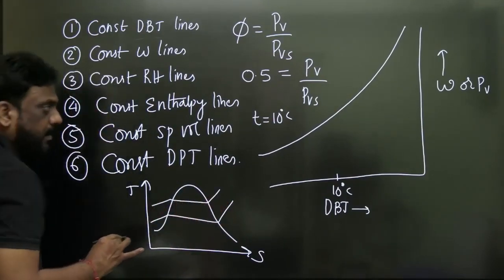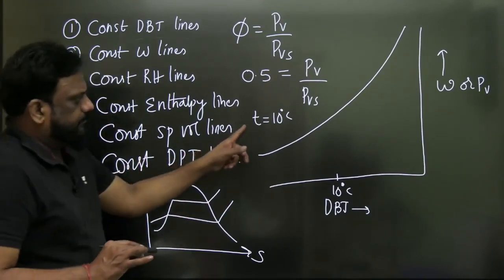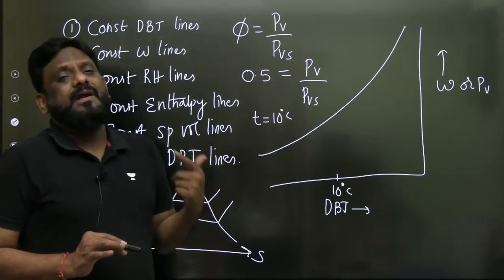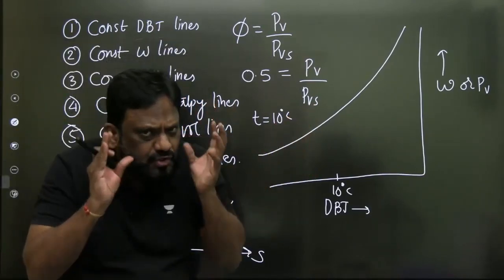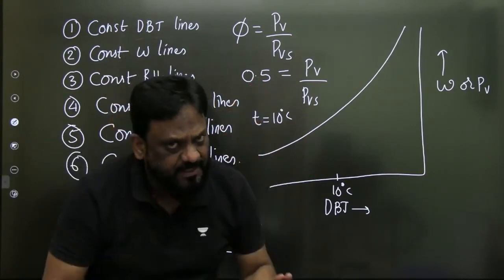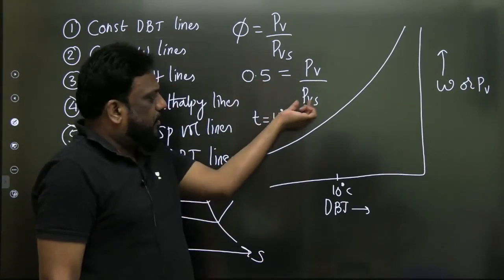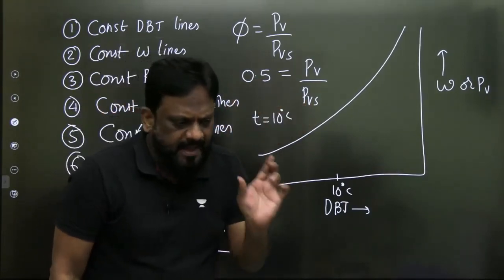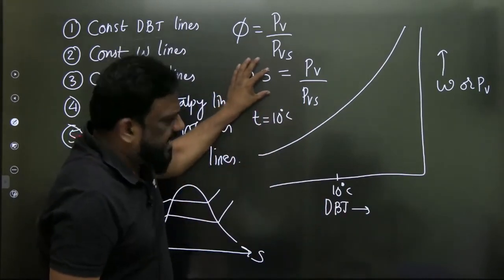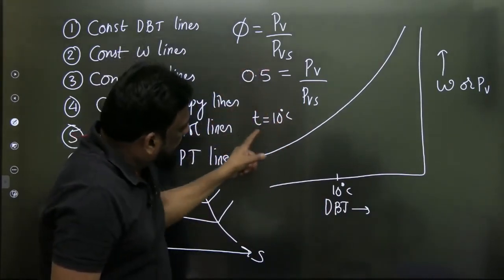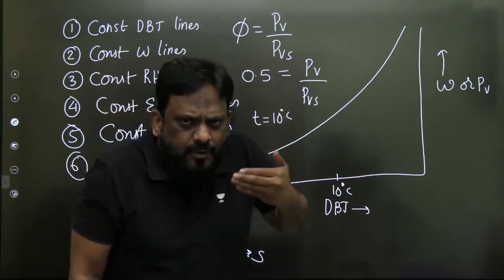Listen, sirs. At a temperature of 10 degrees, I'll find out the saturation pressure, PVS. You go to steam tables. From steam tables, I can easily find out at 10 degrees what is PVS. So let us fix the relative humidity. You take one random temperature. You may be wondering, sir, why are you taking 10?